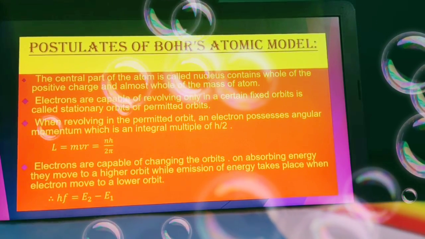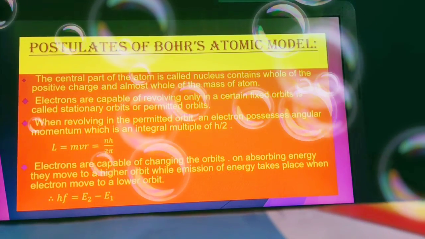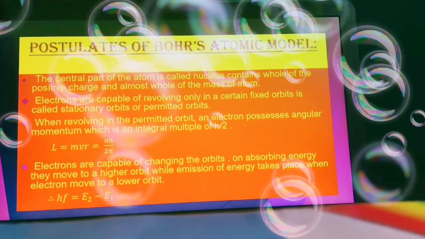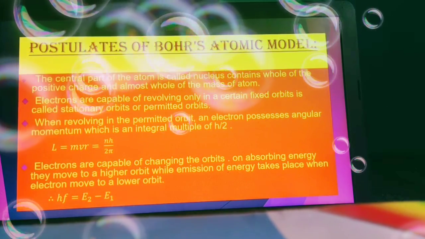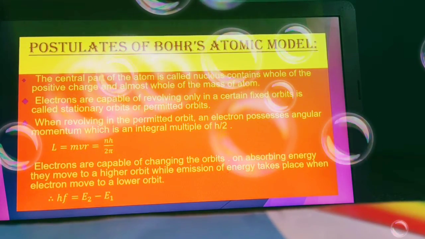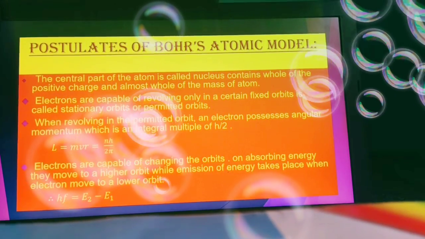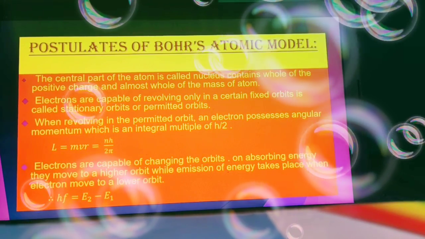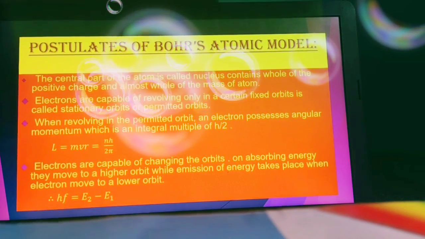These are the postulates. The first postulate is the central part of the atom is called nucleus, which contains the whole of the positive charge and almost the whole of the mass of the atom. The next point is the electrons are capable of revolving only in certain fixed orbits.